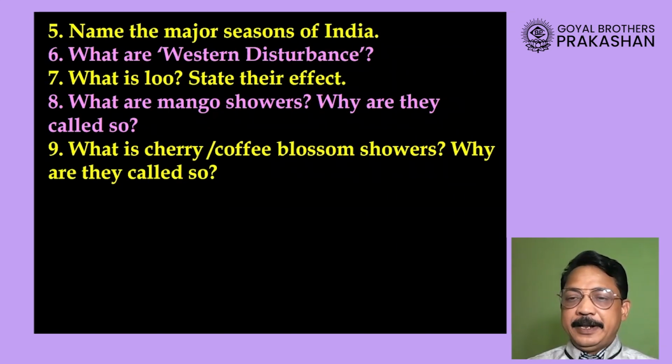Okay, it doesn't mean they don't give rain to other crops. Of course they give rain to other crops also. For example, in Kerala and Karnataka some mangoes definitely grow, spices grow, rubber also grows, tea also grows over there, so they are helpful for those crops also. But in Kerala and Karnataka they are basically helping the large scale cultivation of coffee. That is why we are calling them by the name coffee blossom or cherry blossom.